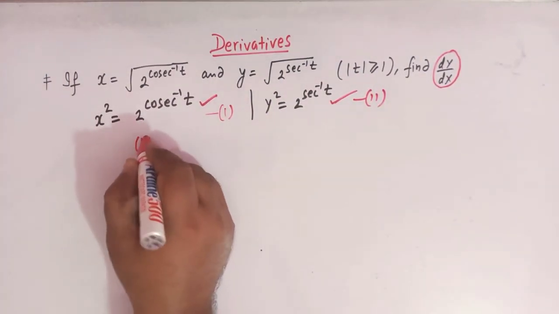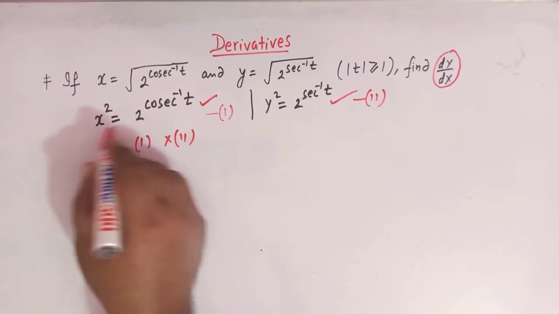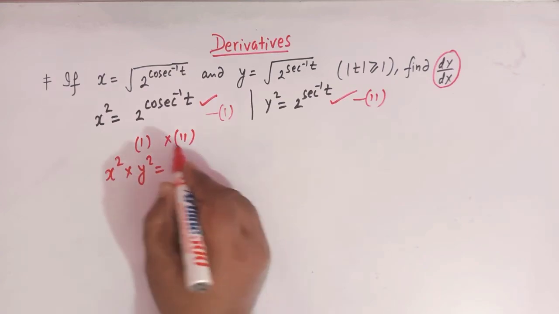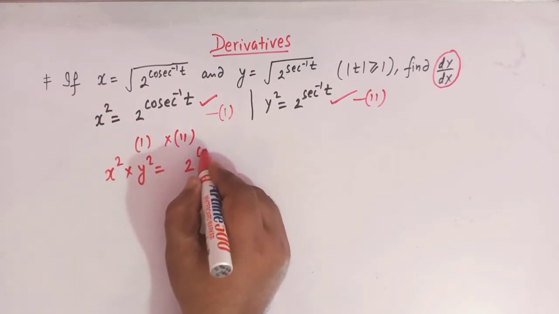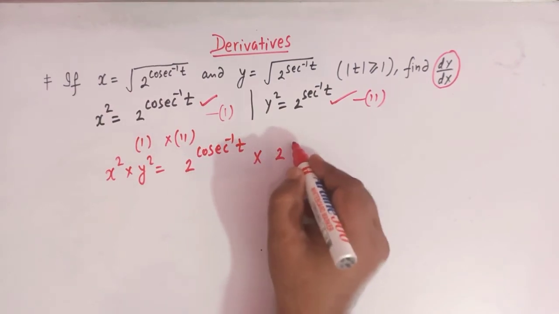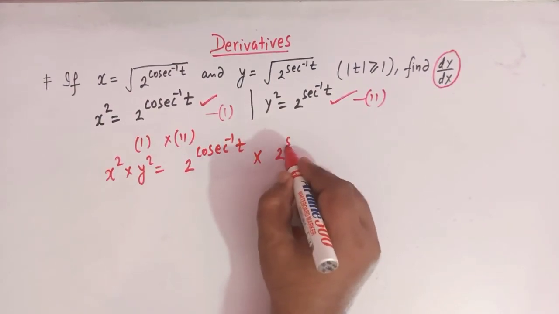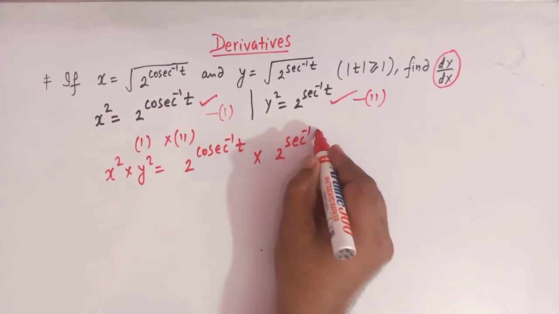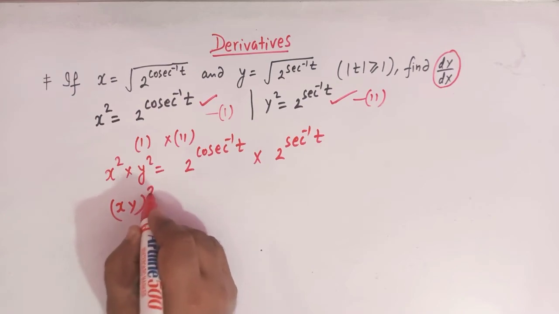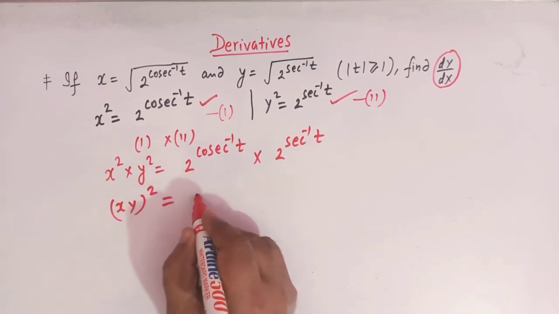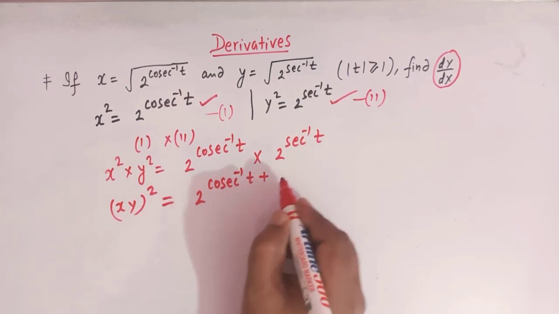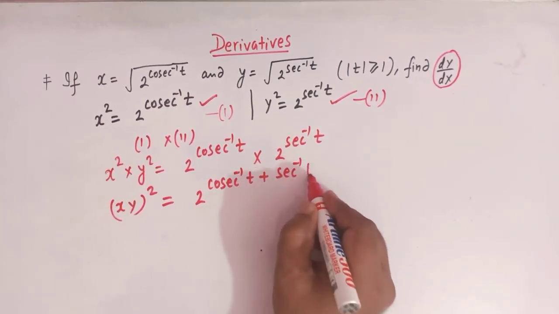So if we multiply 1 by 2 side by side, then we have x square times y square, and here we have 2 raised to cosec inverse of t times 2 raised to sec inverse of t, right? So here we have xy whole square, and here we have 2 raised to cosec inverse of t plus sec inverse of t, right?